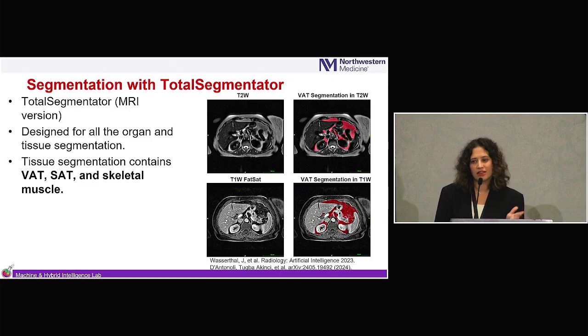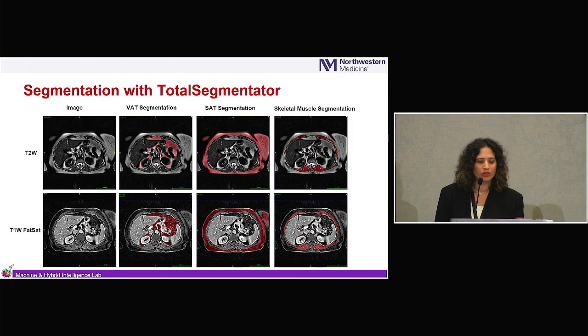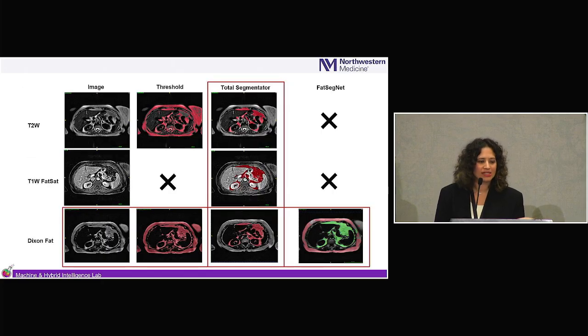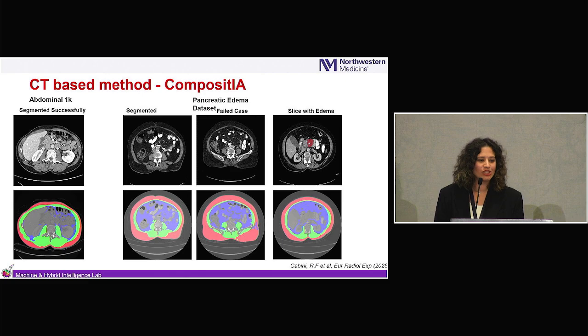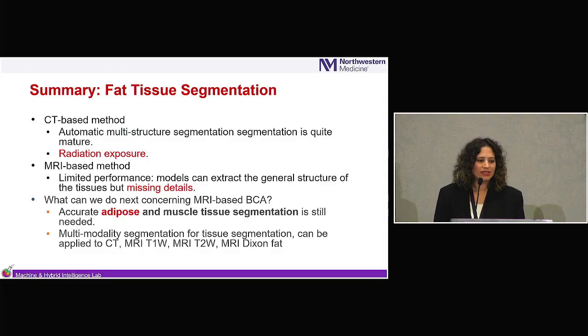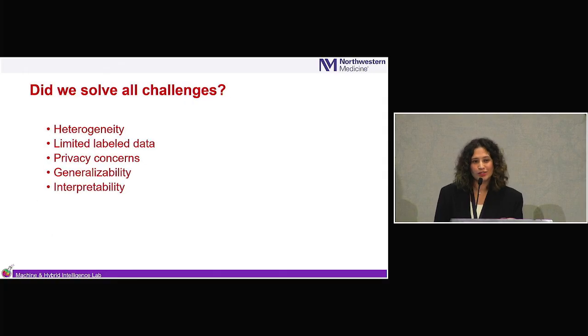And we currently have some challenges and are trying to overcome them with model development, and models still fail, and you may see that there is even no segmentation. This is the CT model. So we didn't solve all challenges.